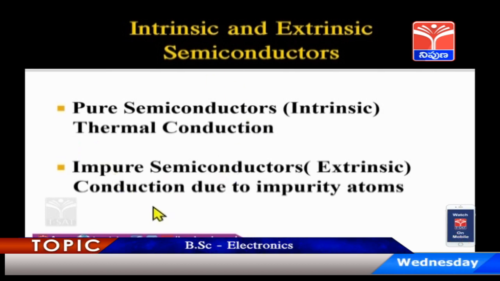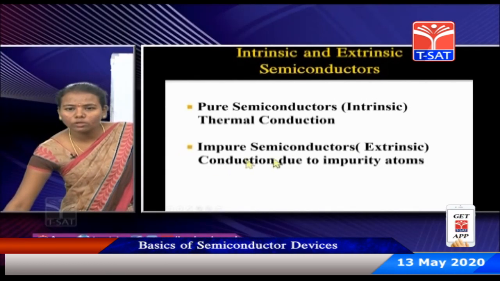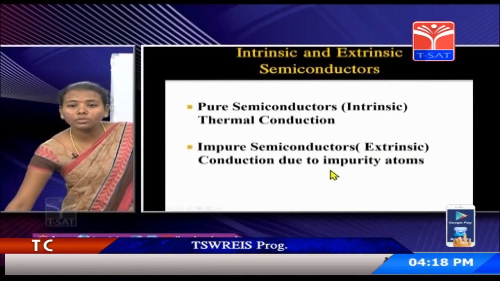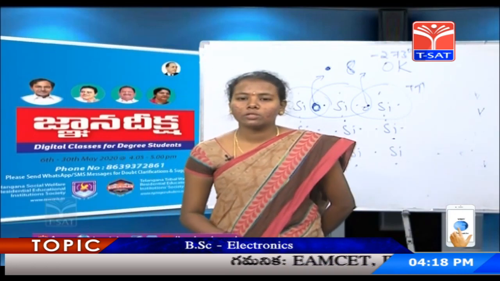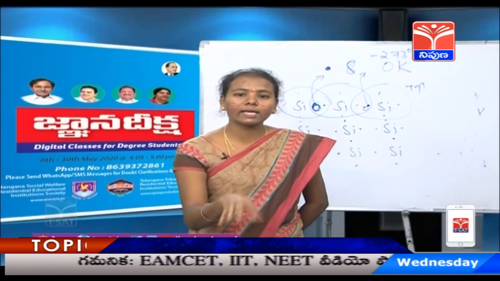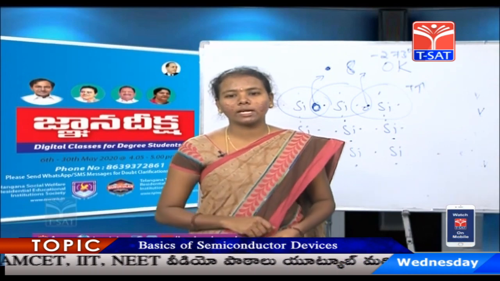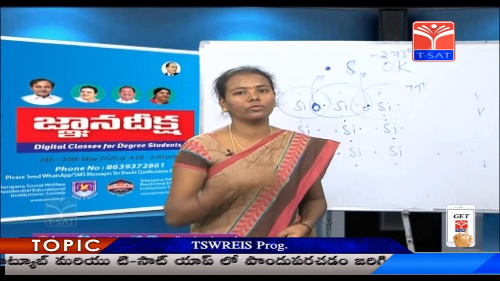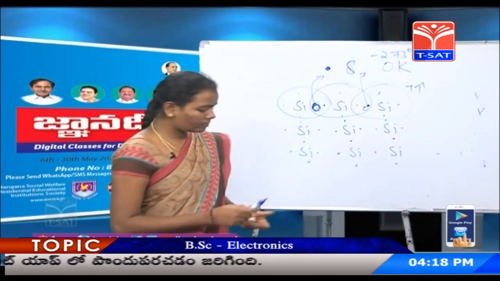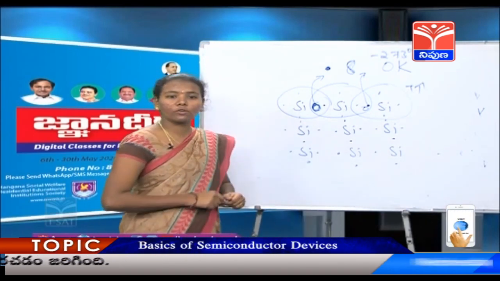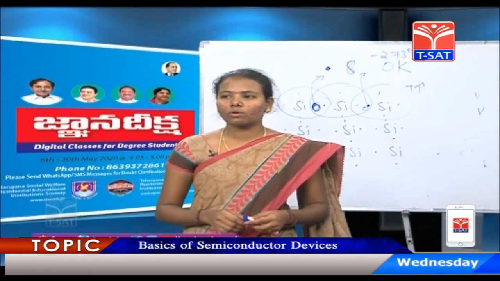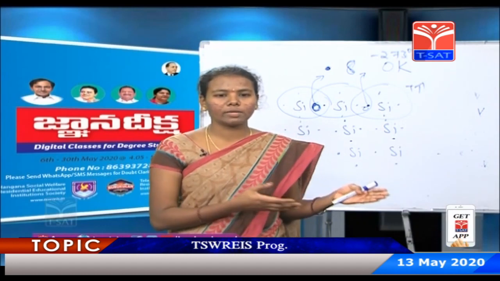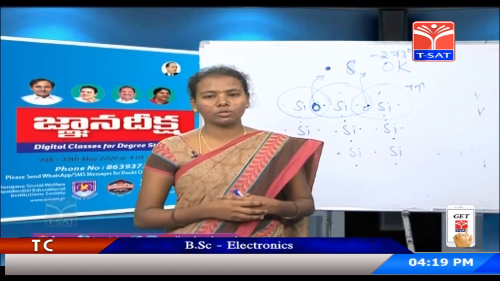And we have another type of semiconductors, those are extrinsic. There the conduction is due to impurity atoms. Whatever materials we add to the pure semiconductor will improve the conductivity. We mostly add trivalent or pentavalent elements to the semiconductor.